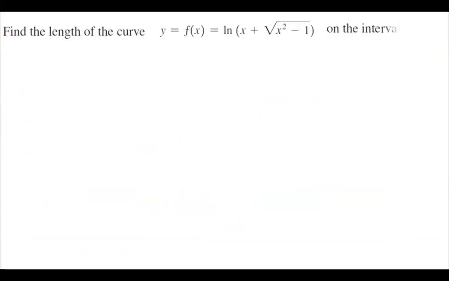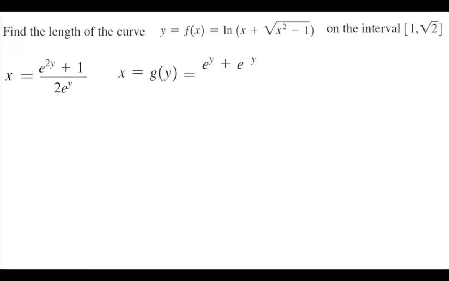So let us continue. So far we saw that x is equal to e to power 2y plus 1 divided by 2 times e to power y. Well, you can simplify this further. Why? Because you can just write this as x as a function of y, which is e to power y plus e to power negative y divided by 2.